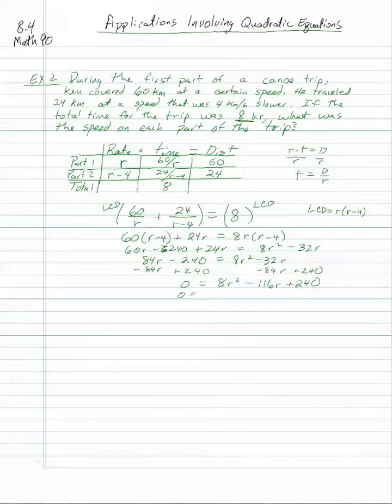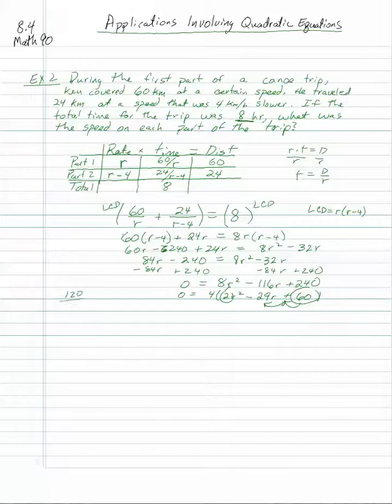So now we're going to factor it. A 4 comes out. We get 2R squared minus 29R plus 60. Okay, and I need to factor that. So remember the Ridge method: factors of 120 that add to 29.